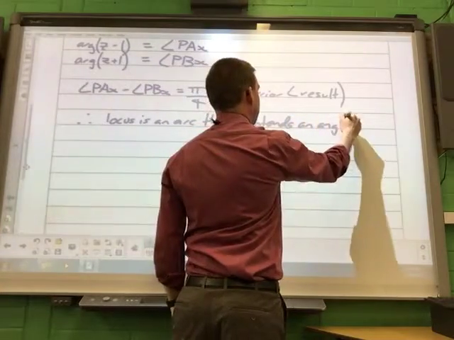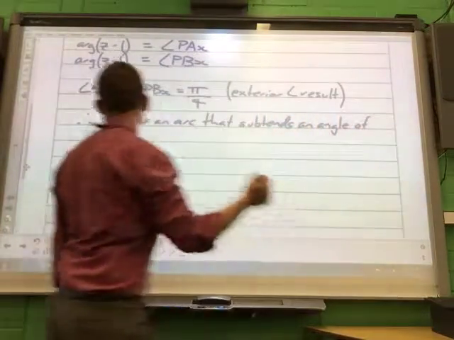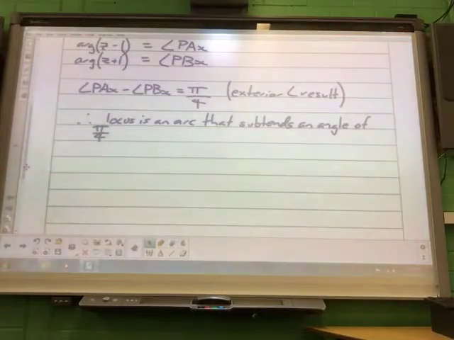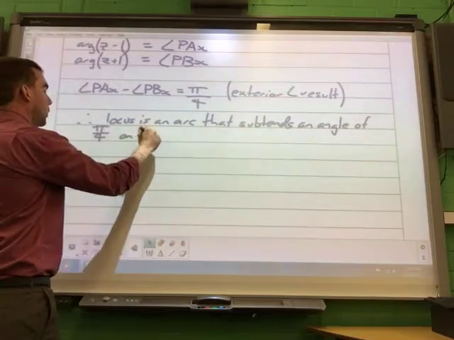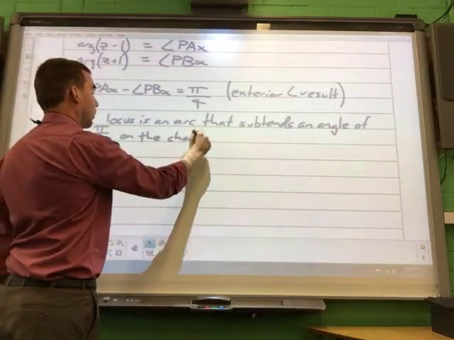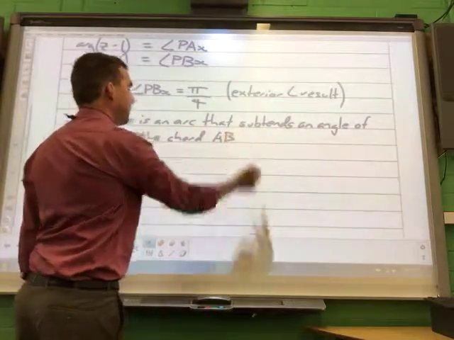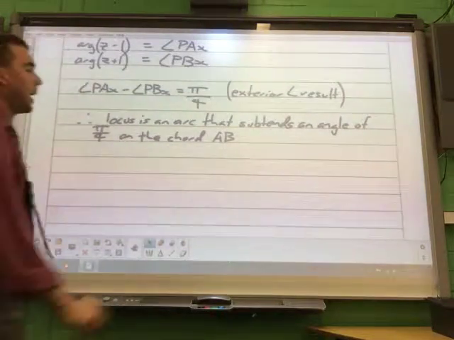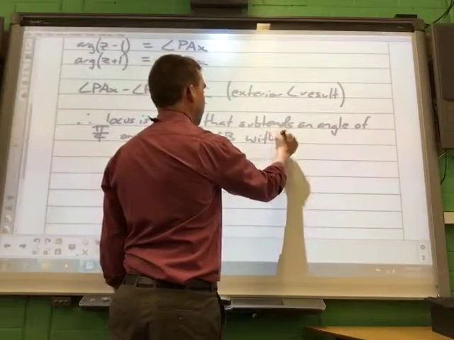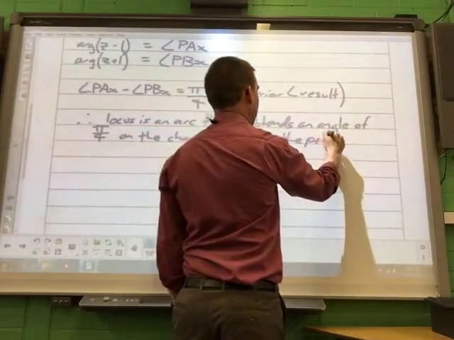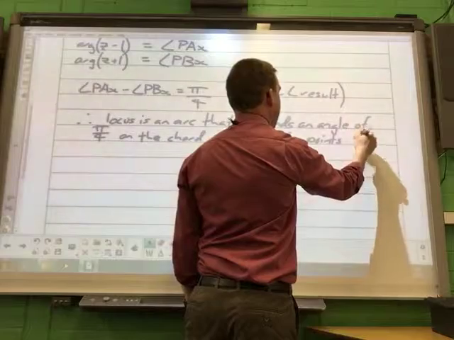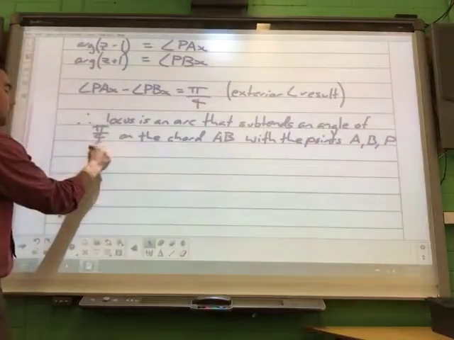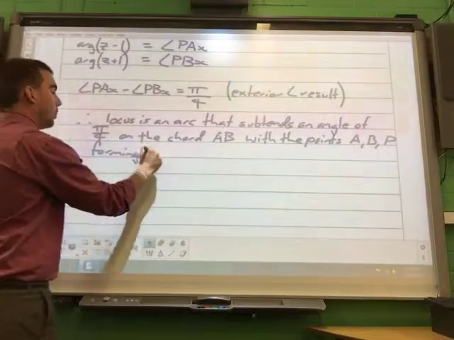So the locus is an arc that subtends an angle of pi on 4 on the chord AB, with the points A, B and P forming a circle.